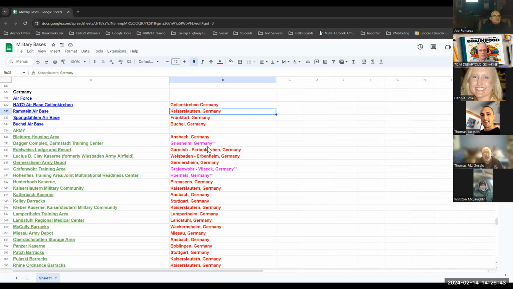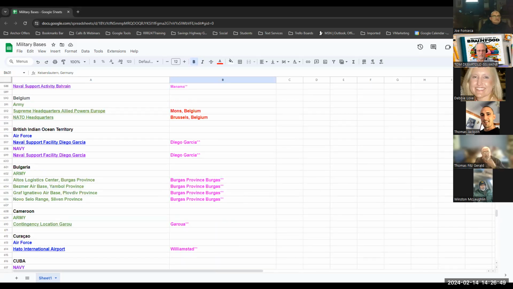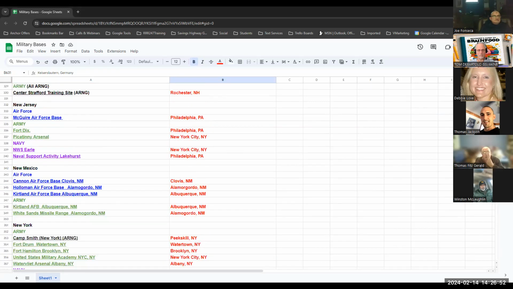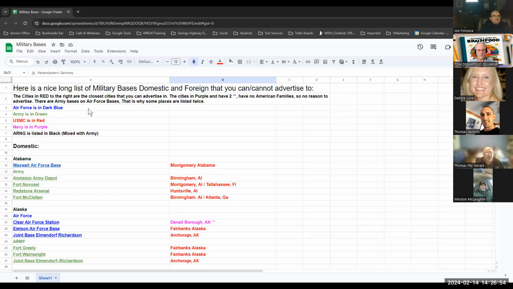Now you'll notice that some of these have little asterisks next to them. At the top of the page, it shows you that the cities in red to the right are the closest cities that you can advertise in.